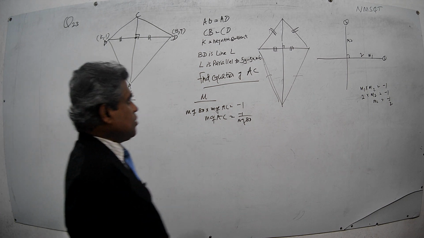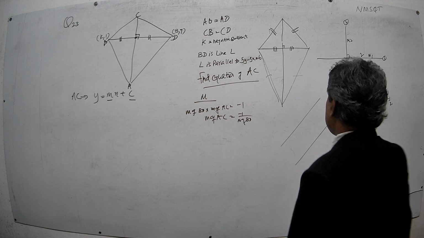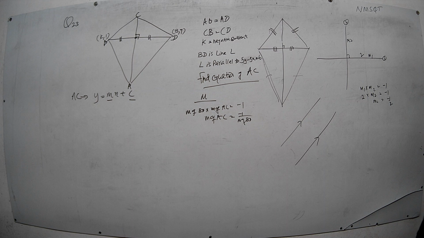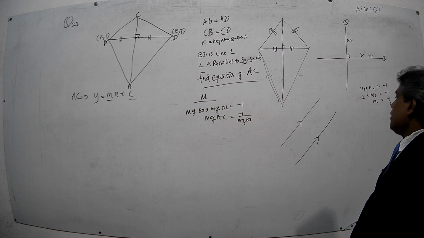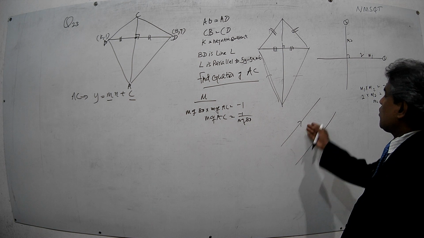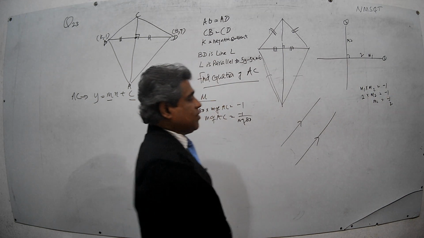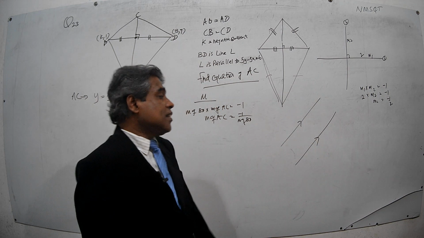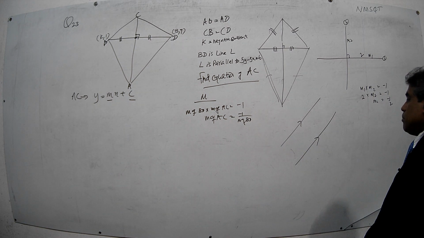Then there is another relationship, the gradient relationship between parallel lines. Like these are two parallel lines. What are parallel lines? They are lines going with the same distance between the lines everywhere. Parallel lines never meet.